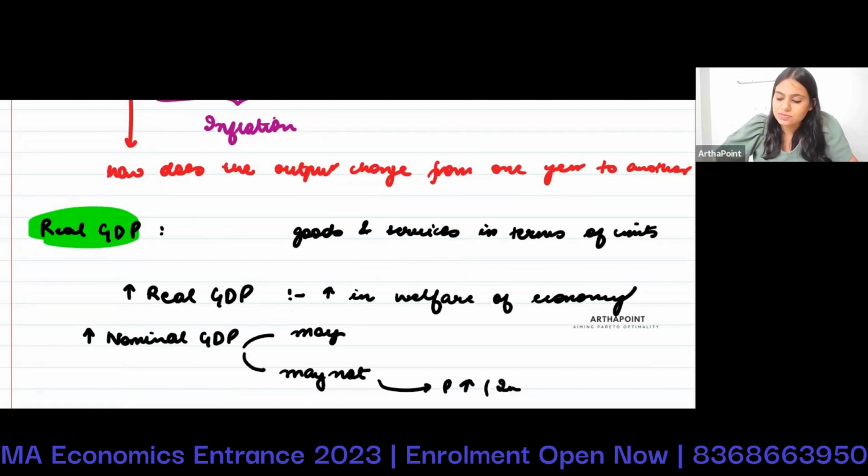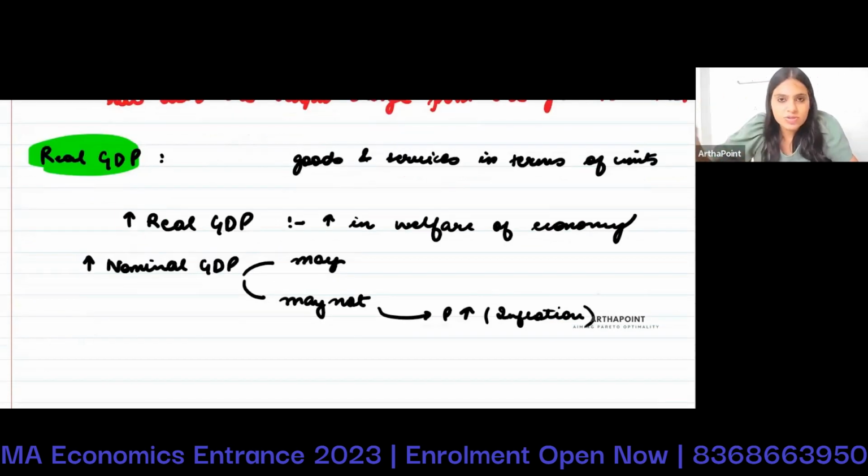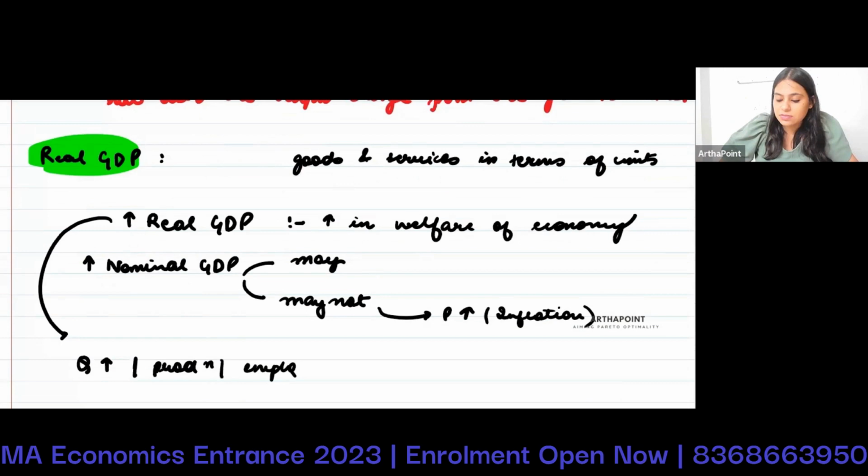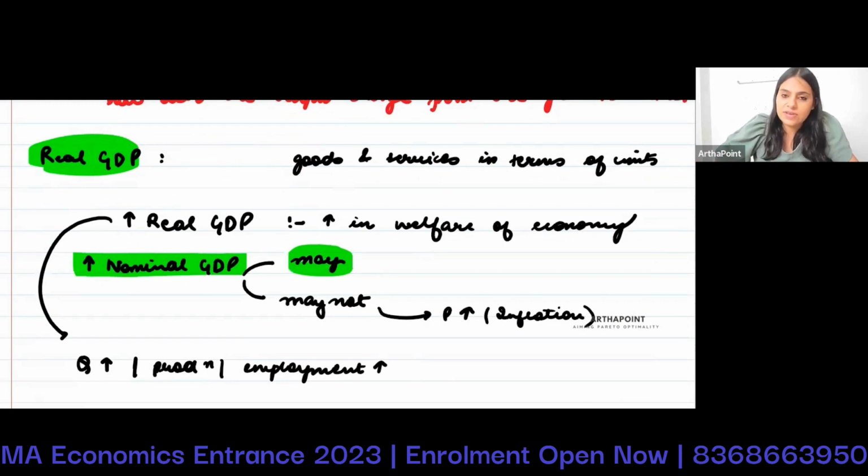And this is inflation. This is not creating any jobs. When real GDP increases, it means that my output is increasing, production is increasing, employment is increasing, so welfare is increasing. But if nominal GDP increases, yes, it increases the welfare if in the background it is due to increase in output, but it may not increase the welfare if it is due to increase in the price. So this is the first thing.